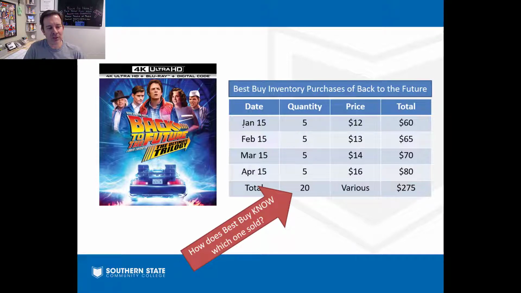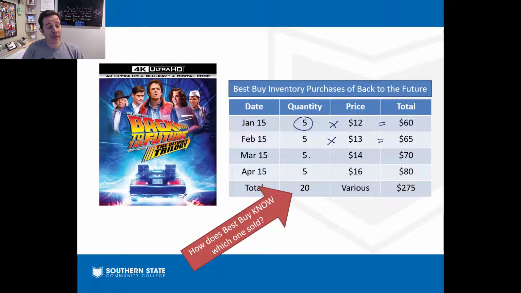We're going to assume that on January 15th, they bought 5 at a price of 12 for a total of $60. 5 times 12, $60. On February 15th, they bought 5 more. Only this time, the price went up a little bit. You know how prices are. Inflation, man. Prices are going to go up. So Best Buy bought 5 more, but this time they had to pay 13 for a total of 65.